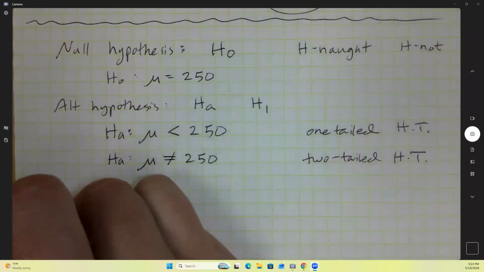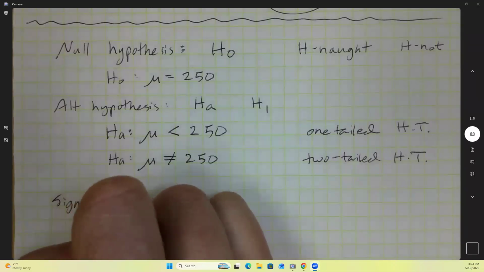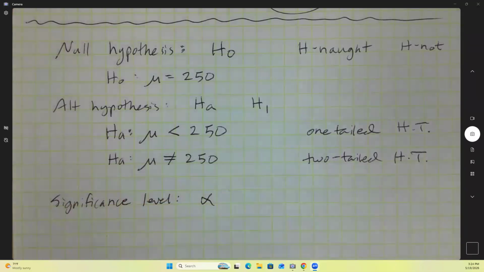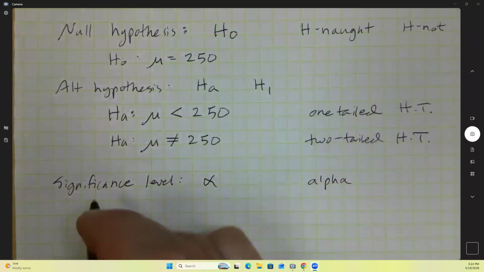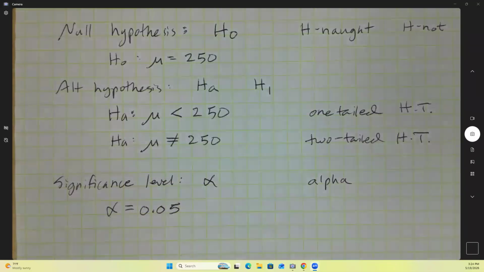The significance level, which is the probability cutoff, statisticians like the Greek letter alpha. So you're going to see alpha equals 0.05. That refers to a significance level of 5%.